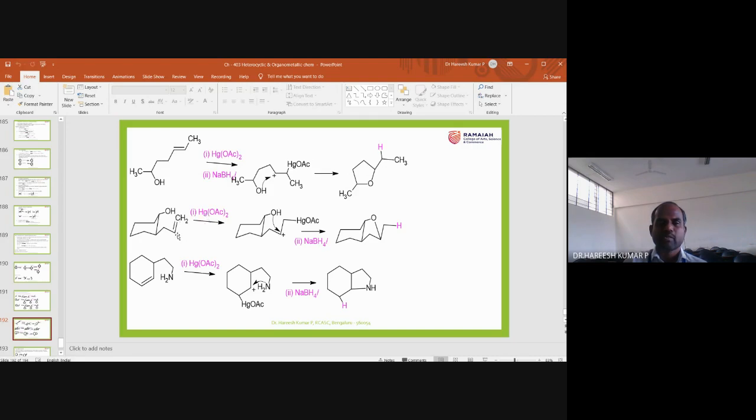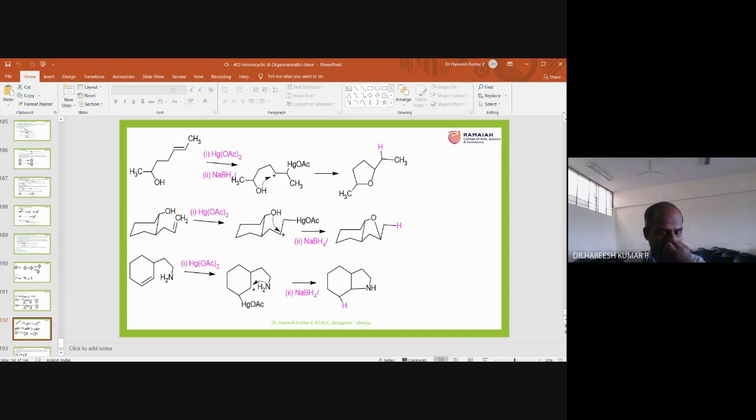There is a formation of positive charge. That's what I have written here. There will be a new bond formation between this oxygen and this carbon, giving a bicyclic compound. When it is treated with sodium borohydride, demercuration happens, HgOAc is replaced with H. That is how the product is obtained.